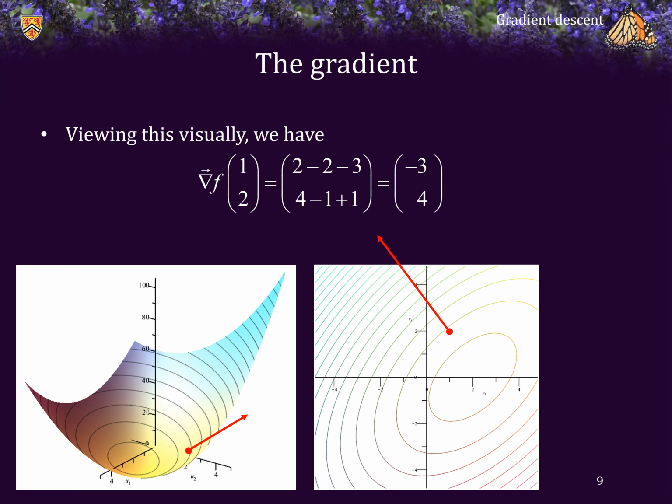The gradient, however, would therefore be perpendicular to these contour lines. And as you can see here, it does appear that the gradient at the point (1, 2) is a vector that is indeed perpendicular to the closest contour line.